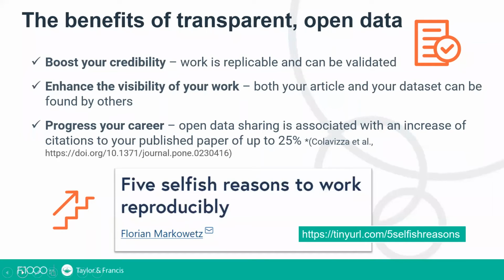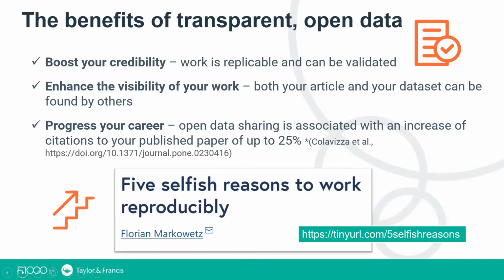Now, just quickly spending some time on talking about the benefits of transparent and open data. As well as the requirements of the open data policy, it's worth pointing out why we ask researchers to share their data openly in the first place. So sharing your data openly helps you boost your credibility as a researcher.